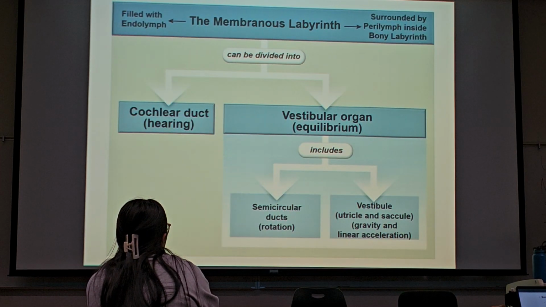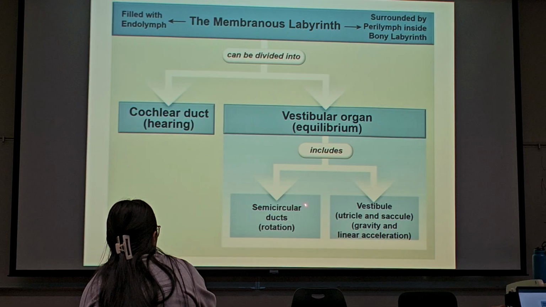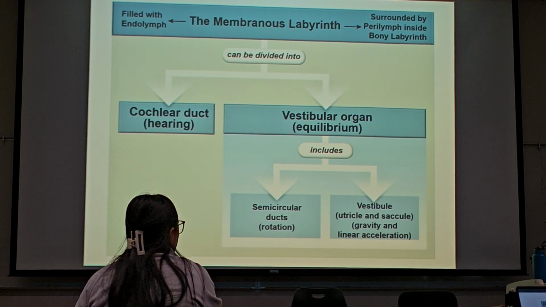Then when we break down that membranous labyrinth, it's divided into the vestibular organ for equilibrium and the cochlear duct for hearing. The vestibular organ for equilibrium is divided into the vestibule and the semicircular canals. The semicircular canals are detecting rotation.